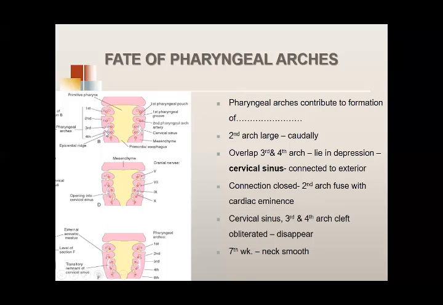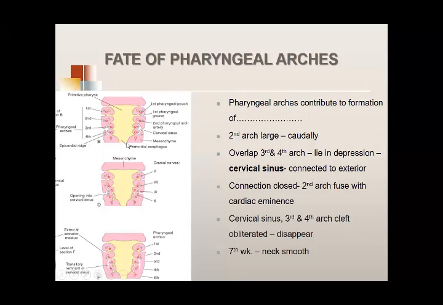Okay. अब ये जो depression is produced because of overlapping of the second arch, the third and fourth arch are lying in this depression or a cleft. This depression or cleft in which the third and fourth arch are lying is called the cervical sinus. ये जो है cervical sinus.